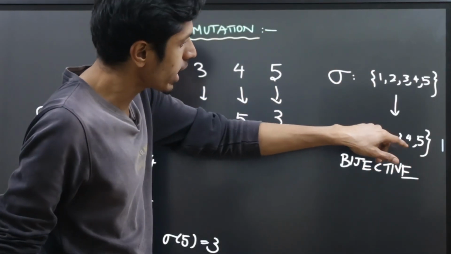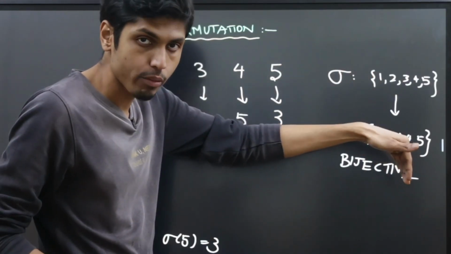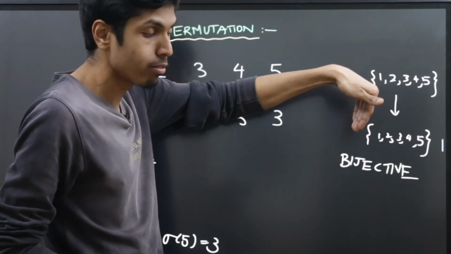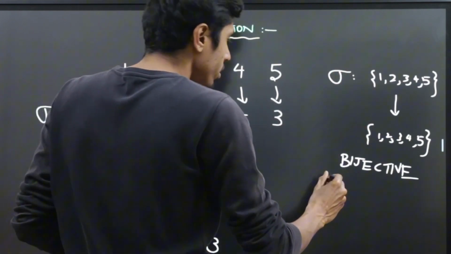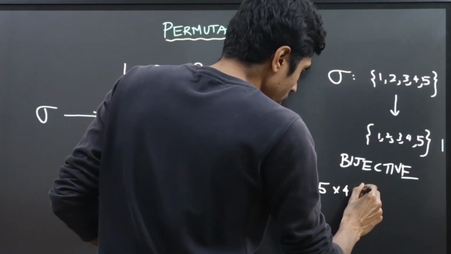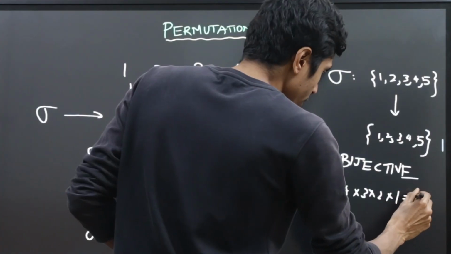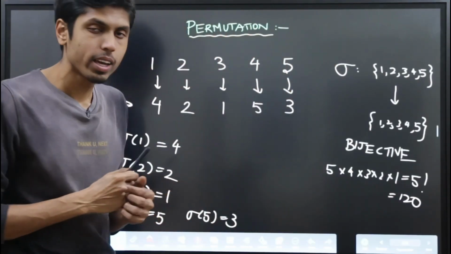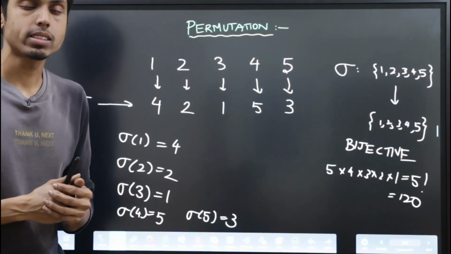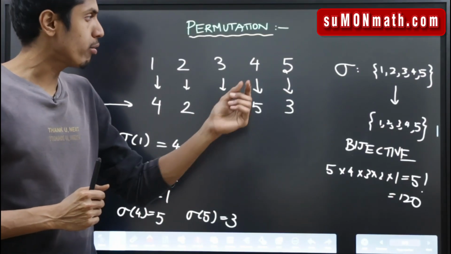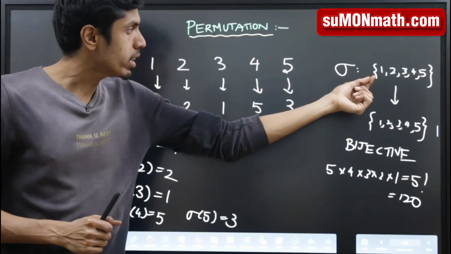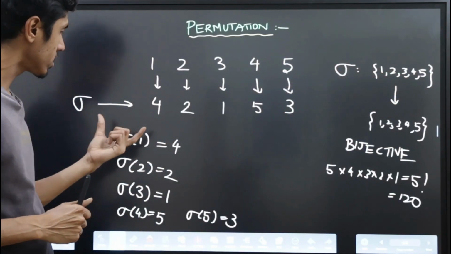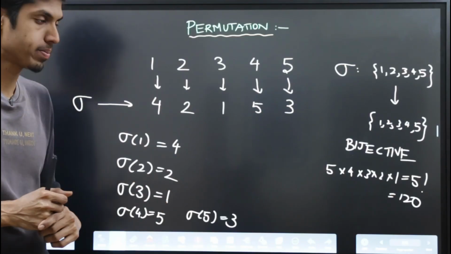So 1 can take any of these 5, 2 will take the remaining 4, 3 can take any of the remaining 3, 4 can take the remaining 2, 5 will take the remaining 1. So it's 5 times 4 times 3 times 2 times 1, which is 5 factorial, and that's 120. That's why we say n factorial is the number of possible permutations of numbers from 1 to n. And here we take from 1 to 5, and there are 120 possible functions. This is one of those 120 functions.